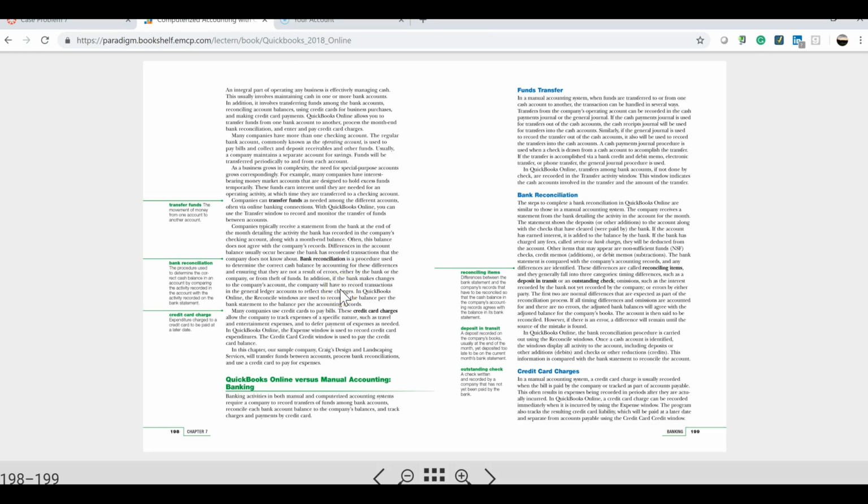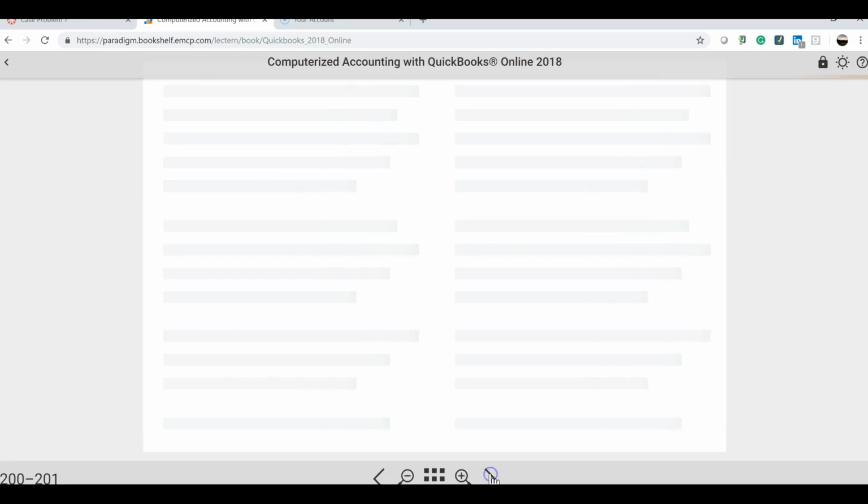So be sure that you pay close attention to that in your reading. Credit card charges explains that. Deposit in transit, which we at one time called an outstanding deposit, and an outstanding check. Reconciling items, those are all terminology that you need to pay close attention to.